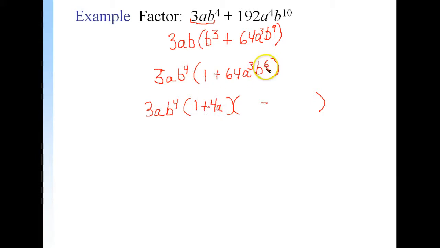And the cube root of this, just divide by 3, it's b to the second. Now we square 1 and we just get a 1. Multiply these two together and we get 4ab squared. Now square this and this gives us plus 16a squared b to the 4th. Almost ran out of room. I went too far there.